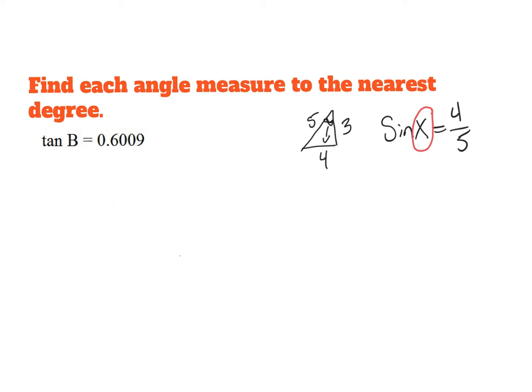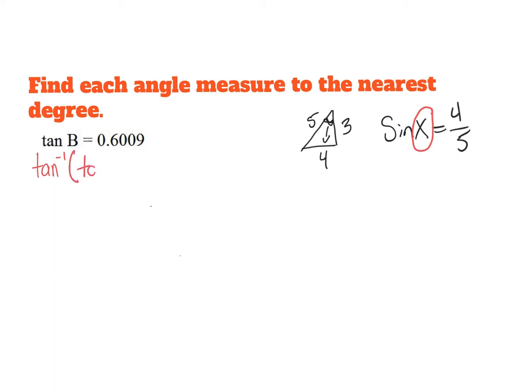In this example, we have tan of b, or tangent of b, and we are already given a decimal, meaning this is just familiarizing ourselves with the calculator. It's doing that step for us. Because it's tangent, I'm going to do the inverse of tangent. Tangent -1 means inverse of tangent.